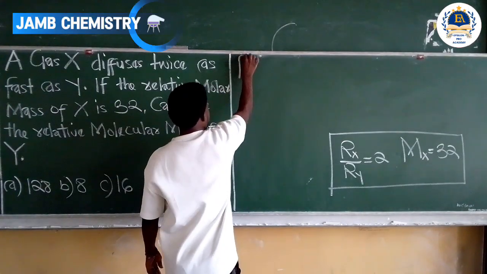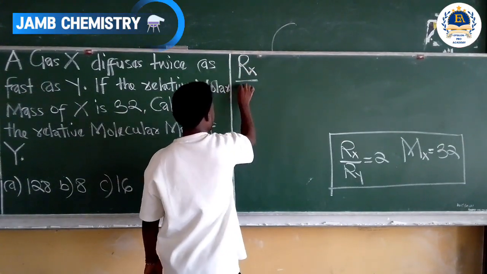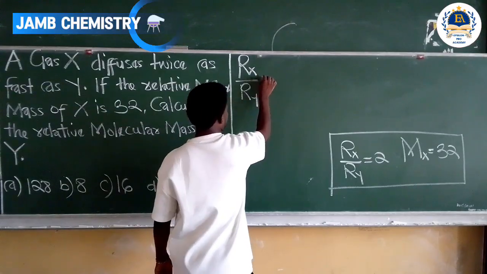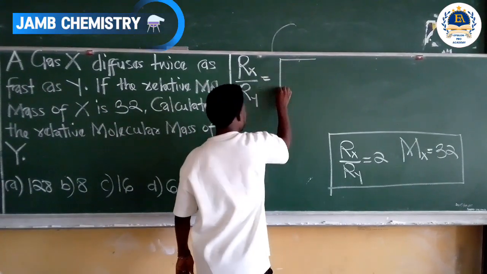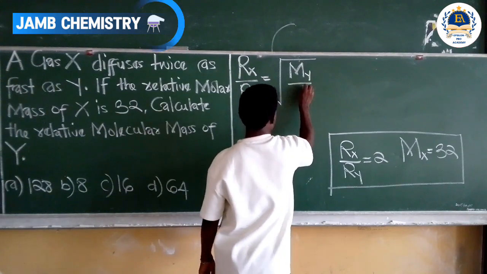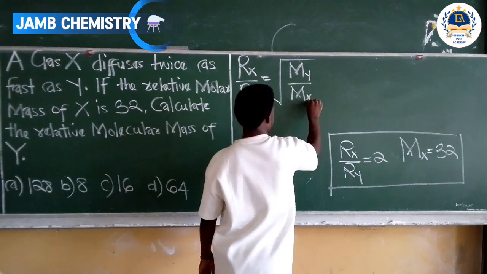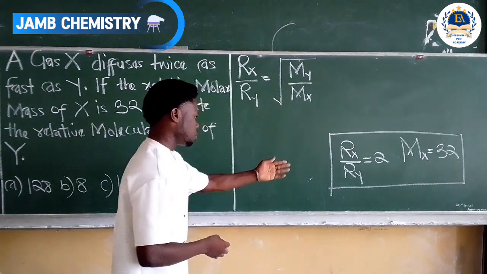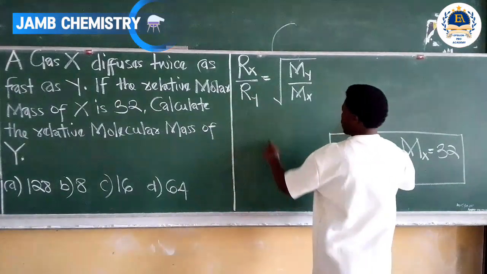The formula is Rx over Ry is equal to the square root of My over Mx. Okay, let's substitute this into the equation.